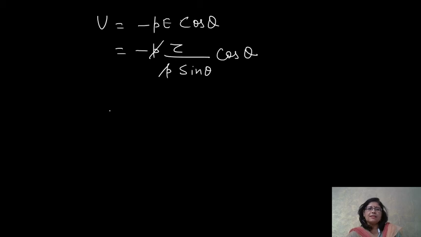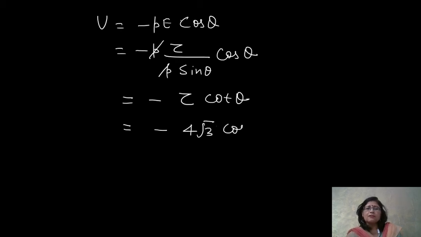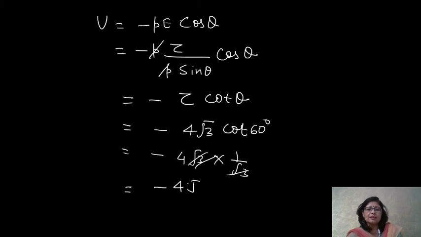P and P will be cancelled out, and we get a new formula, that is minus tau cos theta upon sine theta, which is minus tau cot theta. Now put the value of tau here, 4 root 3, and cot 60 degree, minus 4 root 3 into 1 upon root 3. Root 3 and root 3 will be cancelled out, and we will get the result in terms of joule, and that is equal to minus 4 joule.